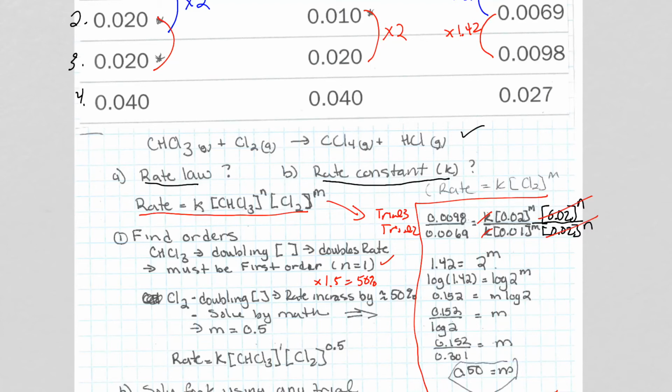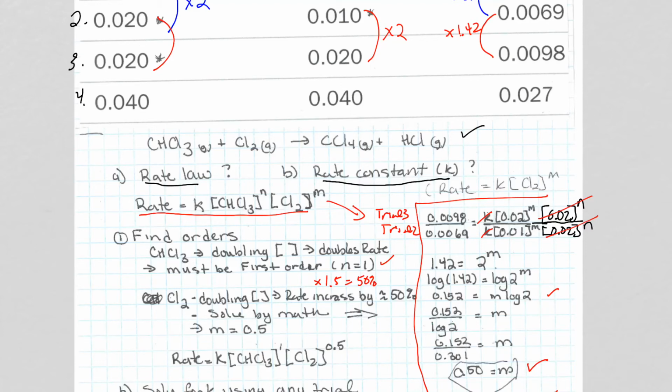And the log of 1.42 equals 0.152. So in taking the log, we've brought the exponent down so that we can solve for it. Now it's just a pretty simple math problem. Taking 0.152 divided by the log of 2 is going to give you m. Simplify the log of 2, do the division, and we see that m is 0.5.